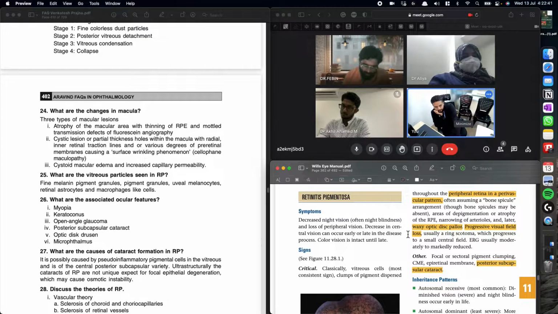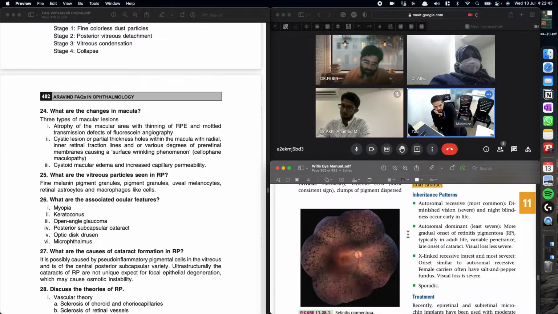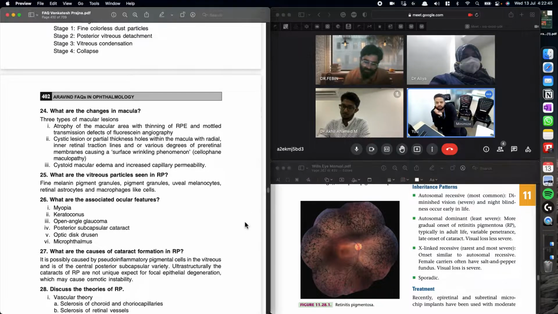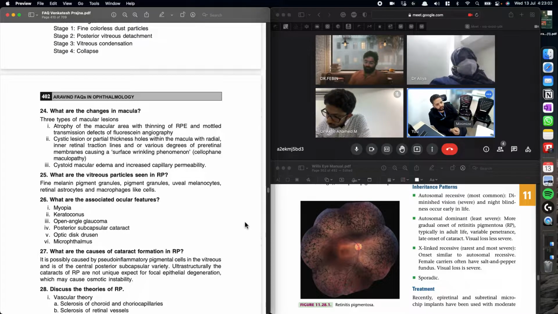Now, at the starting of the class I had mentioned that this is a 25-year-old boy with RP, as you can see, and he seems to have day blindness as well, with a very bad central vision. Okay?